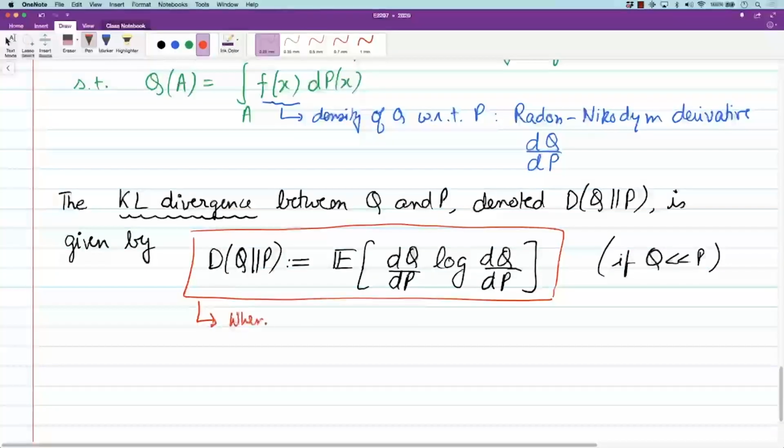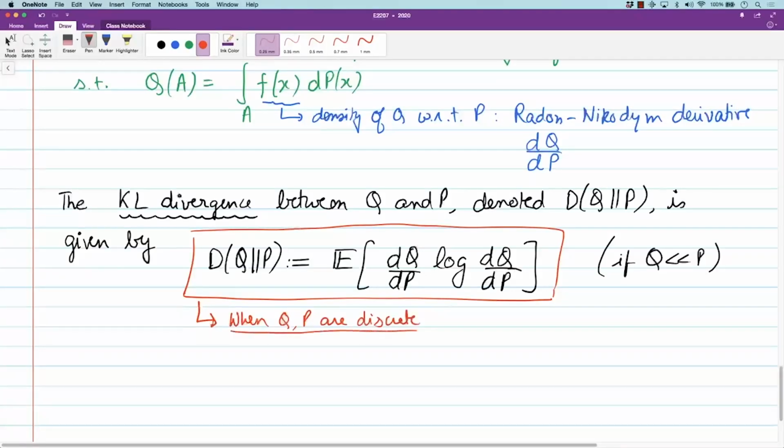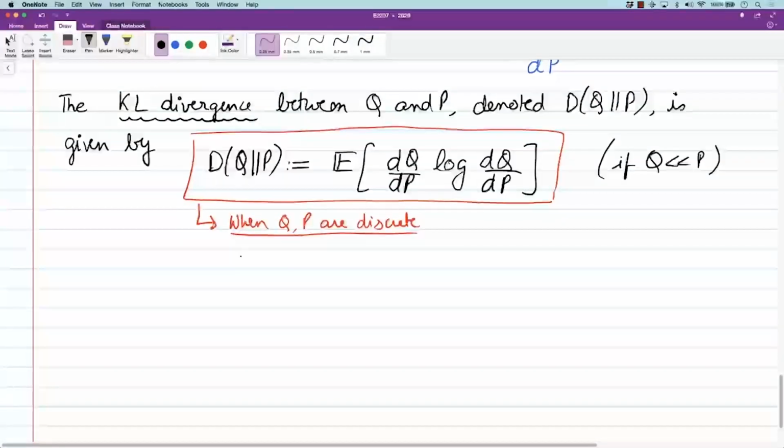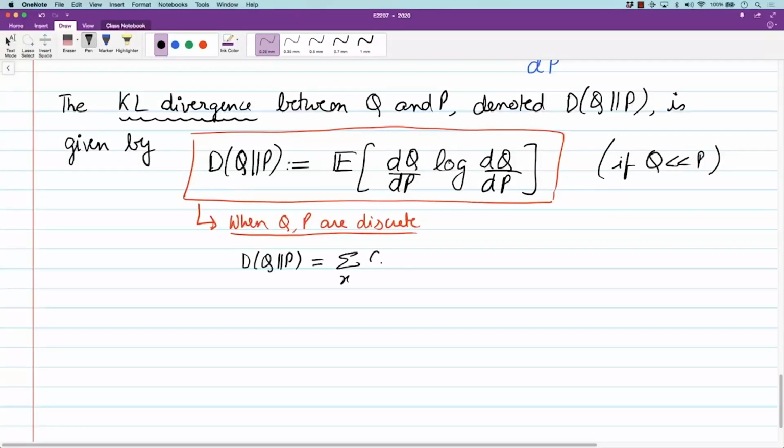When Q and P are discrete. In this case, the simple formula we have is D(Q||P), some of you may have already seen it, is the summation over x of Q(x) log Q(x) by P(x).